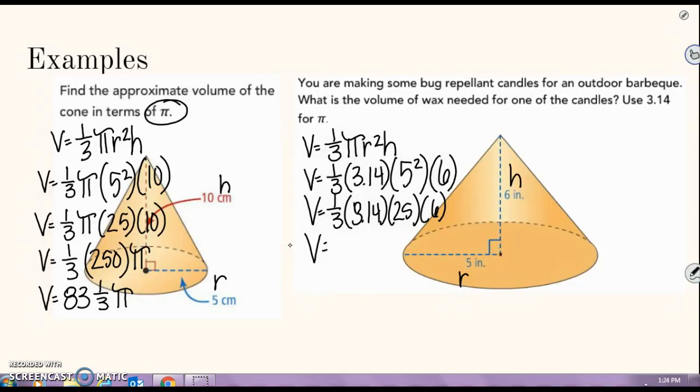So 3.14 times 25 times 6 is 471. So I'm going to take 1/3 of 471, which means I divide by 3. And the volume of this cone is going to be 157 inches cubed. Again, we need to make sure that we include our units cubed when we're working with volume.